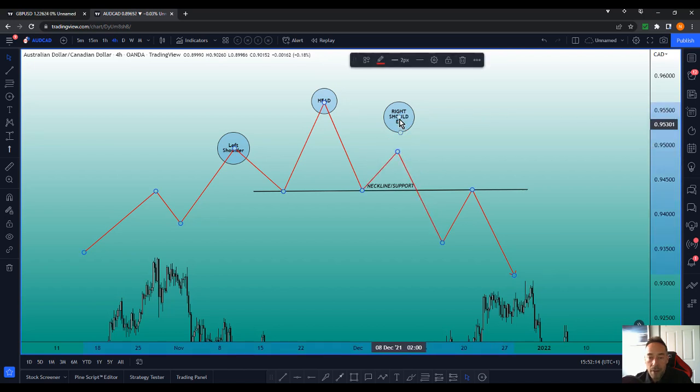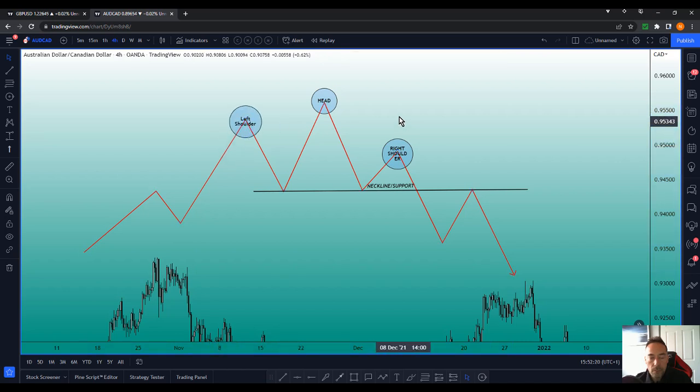Also, we could have something like this. Left shoulder, head, right shoulder, because this is a high, this is a higher high, and this is still a lower high. So I don't want you to get it in your head that the left and right shoulder are on the same level, which is typically what you would see if you were to go onto the internet and Google head and shoulders.